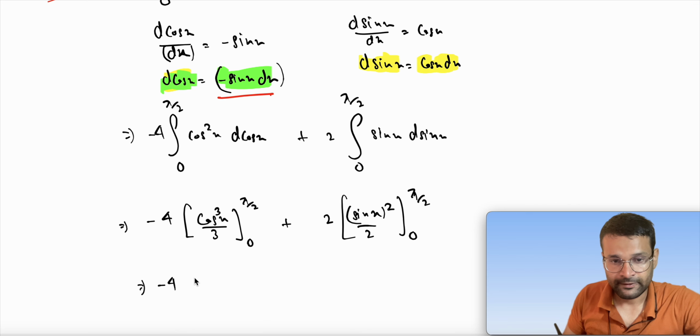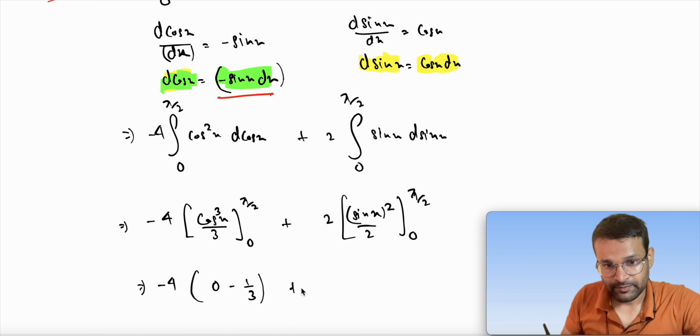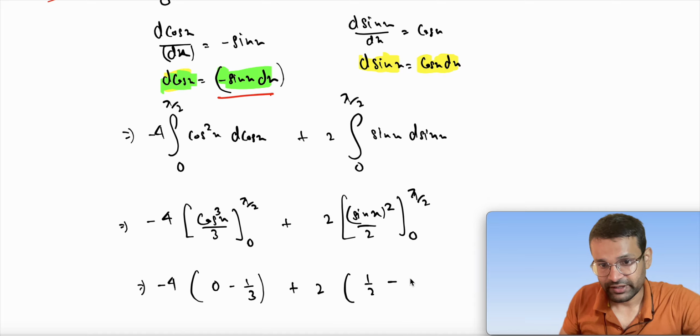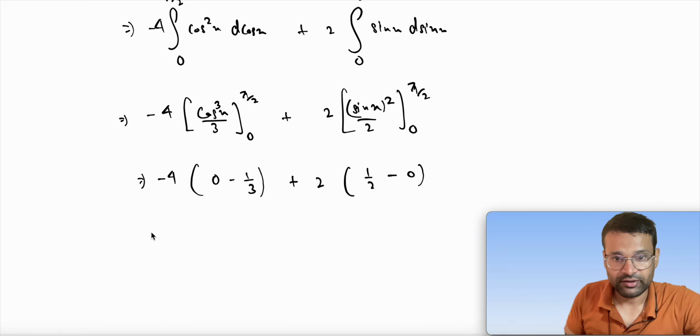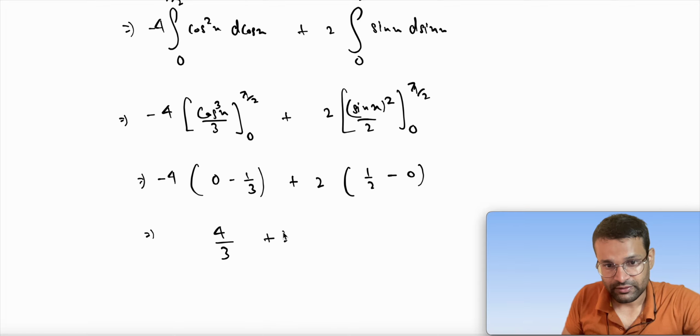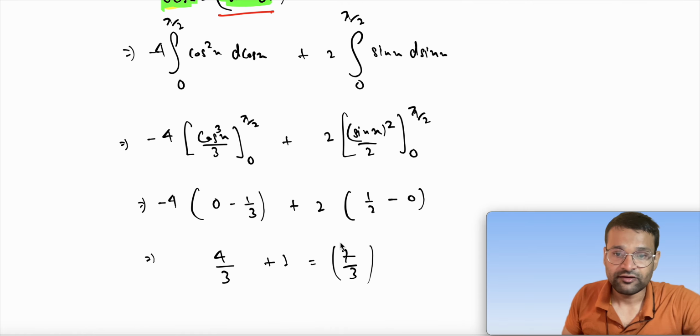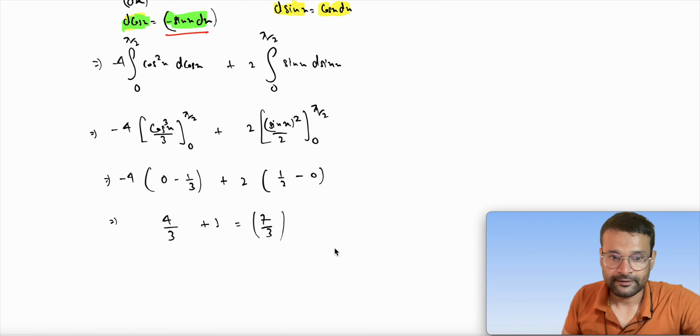That is minus 4 times (0 minus 1 by 3), plus 2 times (1 by 2 minus 0). Now it becomes 4 by 3, because minus minus is plus, plus 1, which gives you 7 by 3. Now we see which option matches our answer.